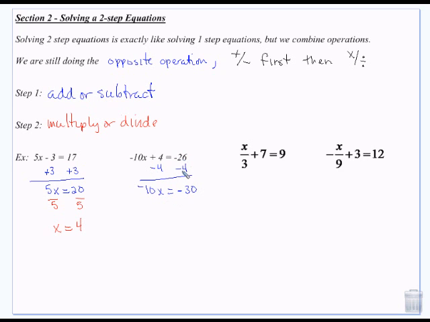Okay, and that's a negative and a negative, so I add the numbers together to get the negative 30. They multiplied, so I'm going to divide. Okay, here they added, so I'm going to subtract. And then they divided, so I'm going to multiply.